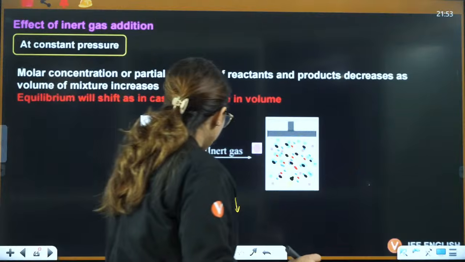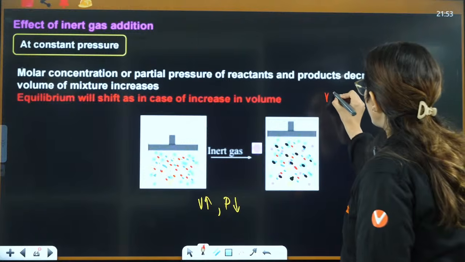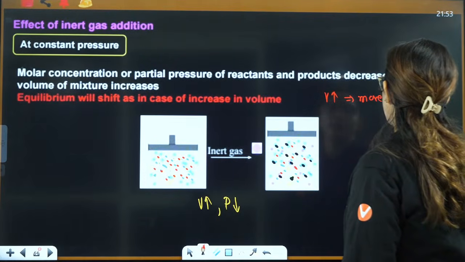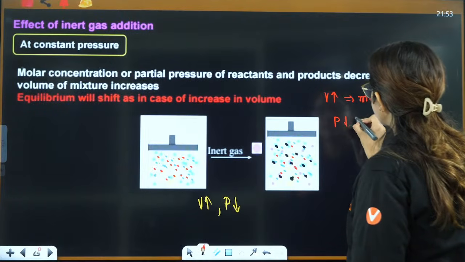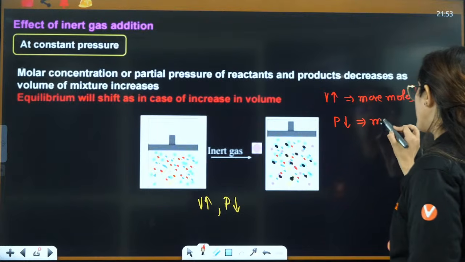See, tell me, if volume is increasing and partial pressure decreasing, what will happen? If volume increases, it will move in that direction where more moles are there. Similarly, if partial pressure is decreasing, and pressure and moles are inversely related, again it will go in the direction of more moles.